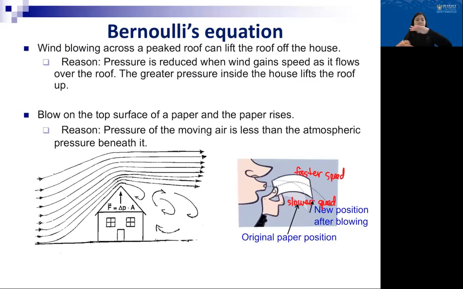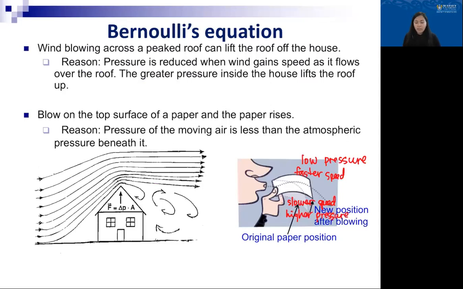It's just still air below the paper. And the second case of Bernoulli's equation that we looked at says that if you have a faster speed, then you have a lower pressure. And if you have a slower speed, then you have a higher pressure.